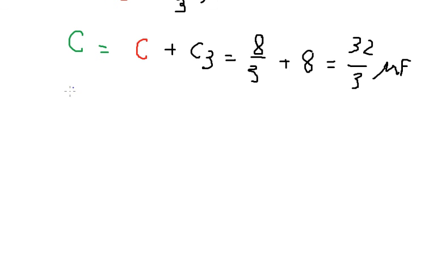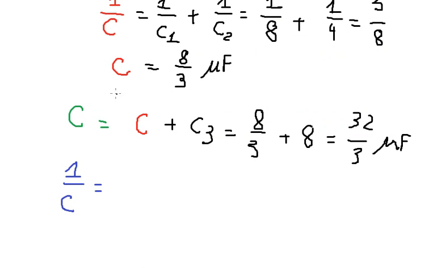That should be 1 over C equals the green one we just calculated in here, plus 1 over C number 4 plus 1 over C number 5.